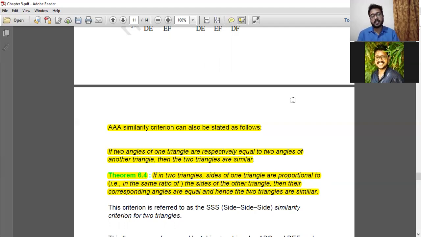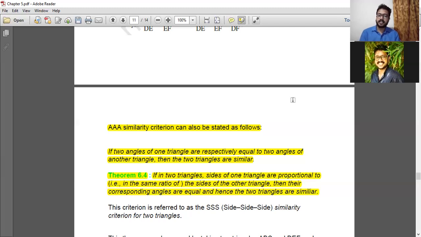What was said in theorem 6.3? It was said that if the corresponding angles are equal, then the sides are proportional. But what is it saying here? If in two triangles, sides of one triangle are proportional to the sides of the other triangle, then the corresponding angles are equal. Okay, and as a result, we can say that these two triangles are similar.